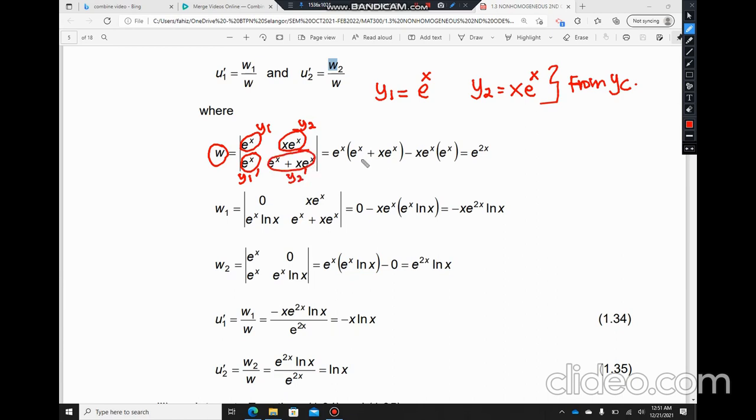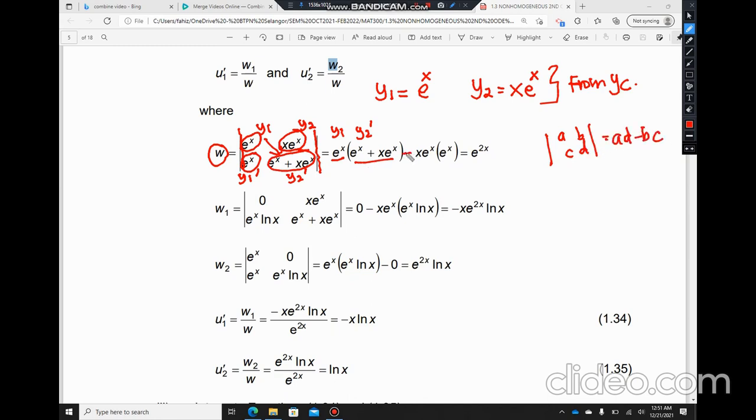Okay, bila dah dapat Y1, Y2, Y1 prime and Y2 prime, since dia bentuk determinant, formula dia kita ingat balik, Y1 darab dengan Y2 prime. So kita dapat e^x darab dengan e^x plus xe^x, and then minus, sebab formula determinant A, B, C, D adalah AD minus BC.